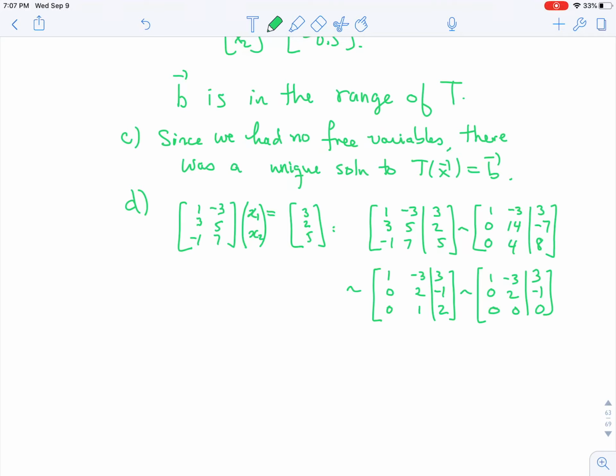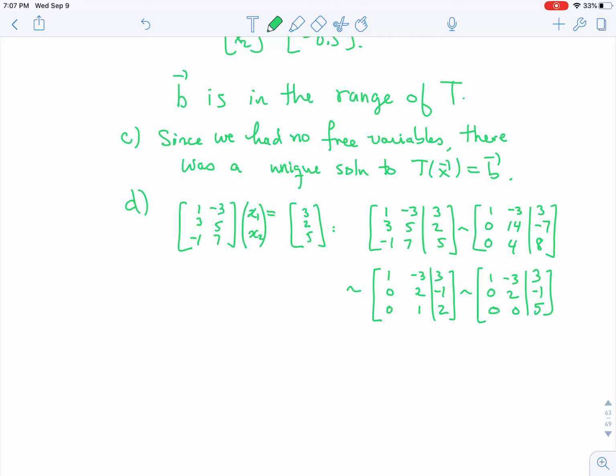Now, if I continue putting this matrix in echelon form, let's say twice the bottom row minus the middle row, that's going to be 4 minus -1.